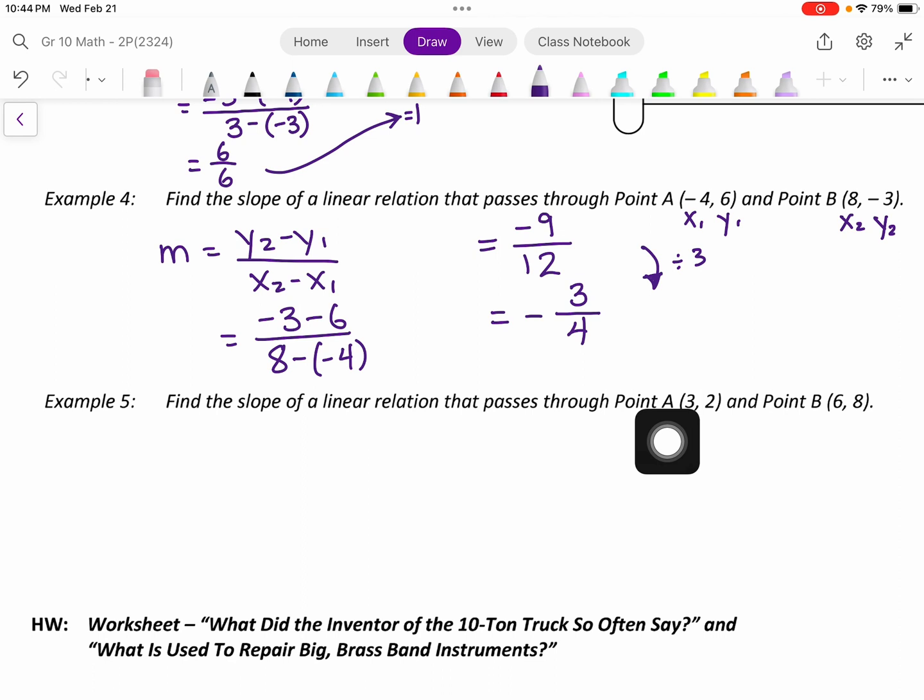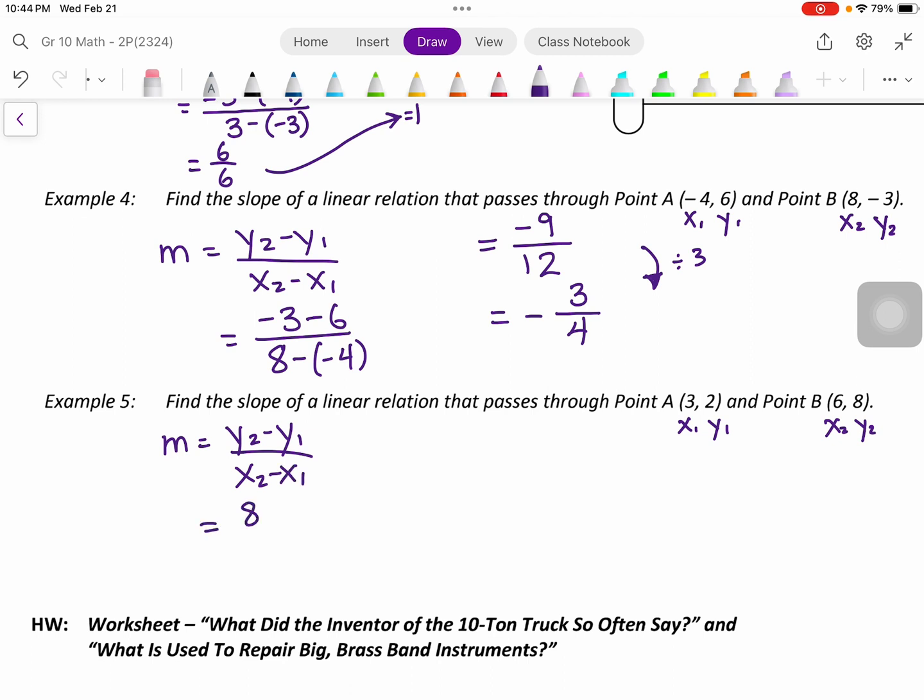So I have 3 and 6 for my x's, so 3 is smaller, so there's my x1, y1, and then I have x2, y2. So slope equals y2 minus y1 over x2 minus x1. My y2 is 8, and my y1 is 2.